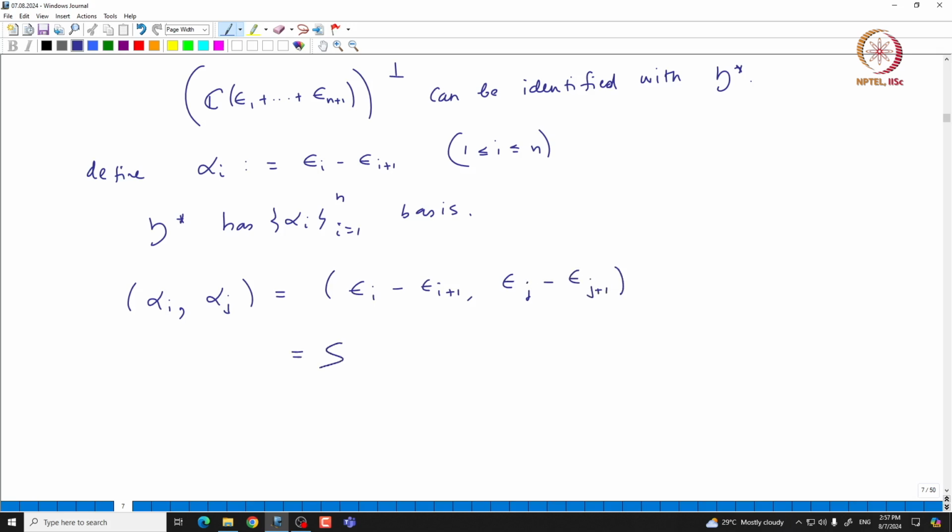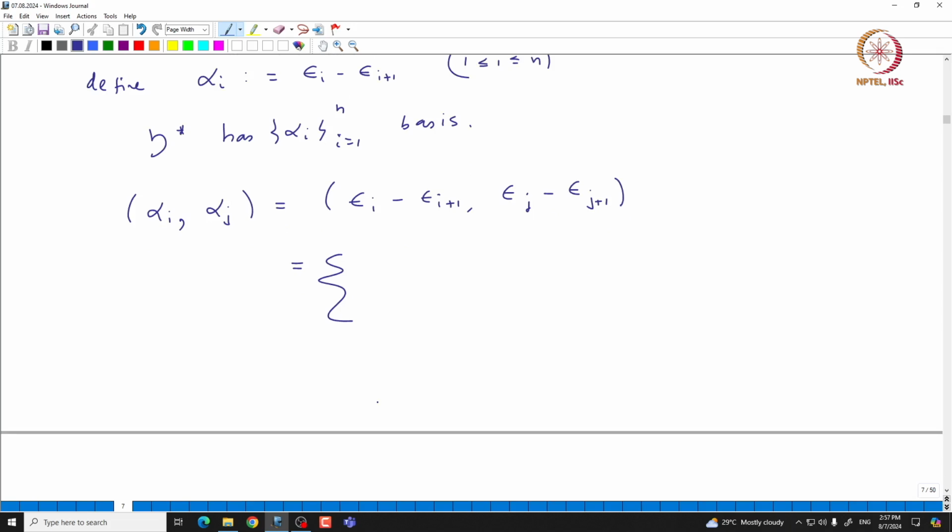So, this is going to be exactly equal to 2 if i equals j, and it is exactly minus 1 if j equals i plus 1 or i minus 1, and 0 otherwise.